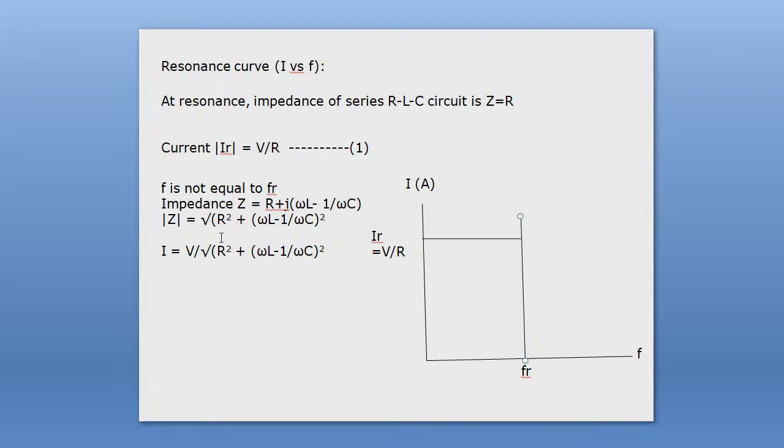This is only R, and for this case R square plus omega L minus 1 by omega C whole square. That means the value of the denominator for this case is greater than for the resonant frequency case. Therefore current will be smaller than for resonant frequency.